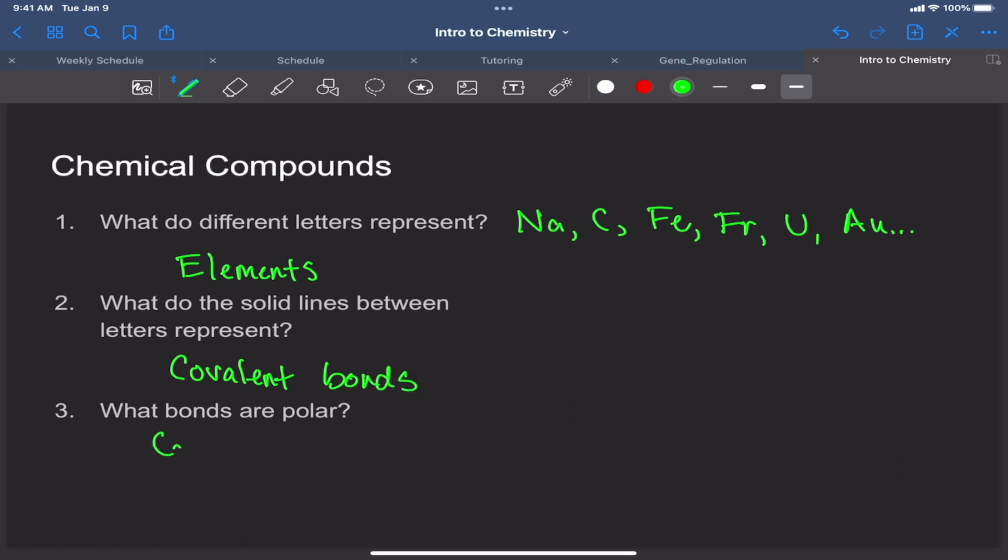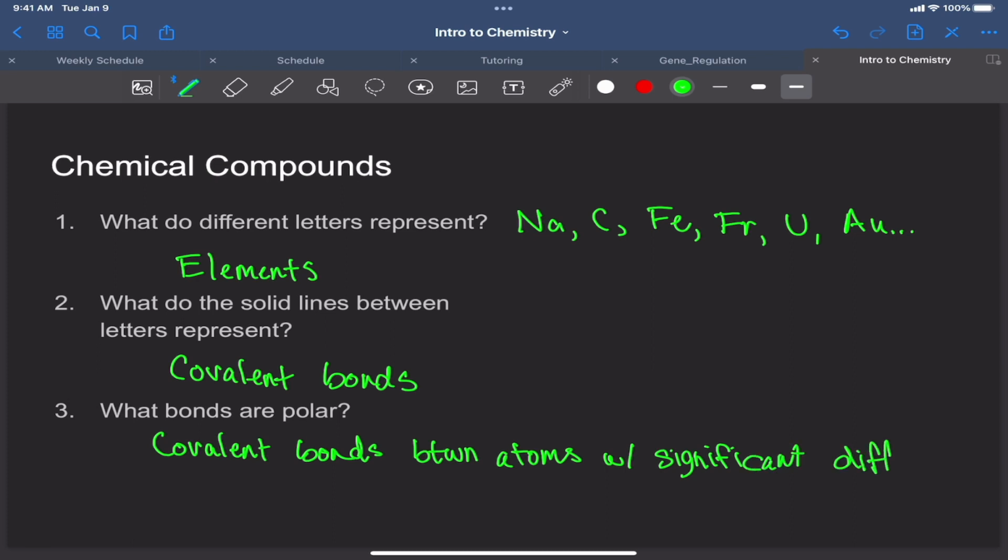And now what bonds are polar? Well, they are covalent bonds between atoms with significant difference in electronegativity.